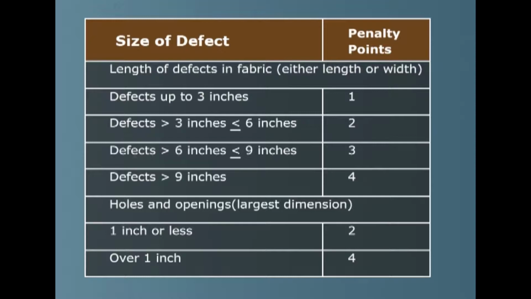Defects more than 3 inches and up to 6 inches get 2 points. Defects more than 6 inches and up to 9 inches get 3 points, and defects more than 9 inches will be given 4 points. Holes and openings with a largest dimension of 1 inch or less are given a penalty point of 2, and over 1 inch it is 4.